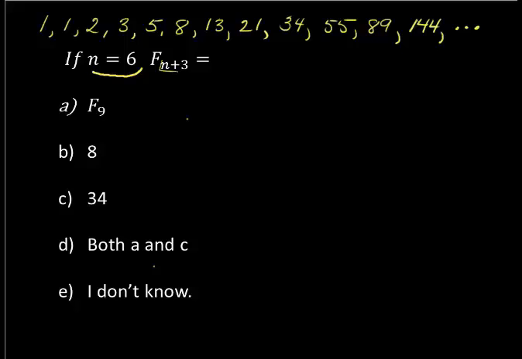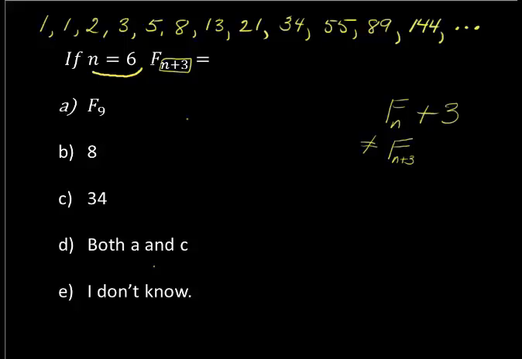Notice that the n plus 3 is the subscript. It's not equal to f sub n, plus 3. Notice the 3 is not in the main line there. It's f sub n plus 3. So be very careful to see that these are not the same thing.